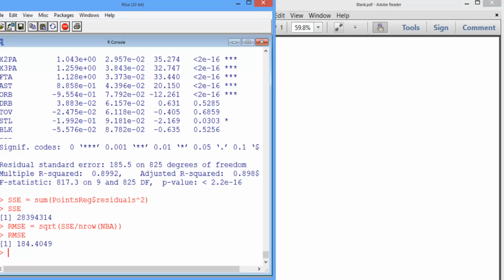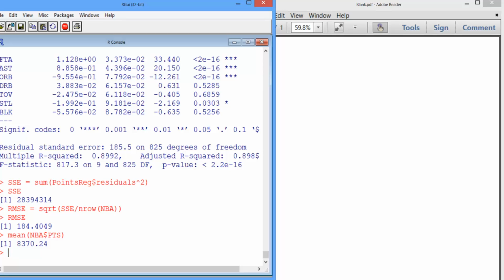So on average, we make an error of about 184.4 points. That seems like quite a lot until you remember that the average number of points in a season is 8,370. So okay, if we have an average number of points of 8,370, being off by about 184.4 points is really not so bad. But I think we still have room for improvement in this model.